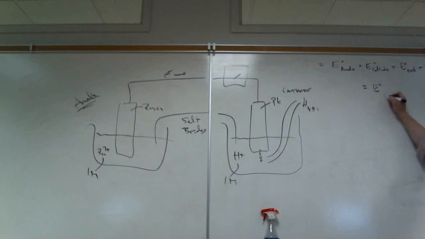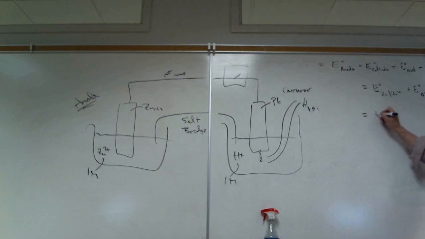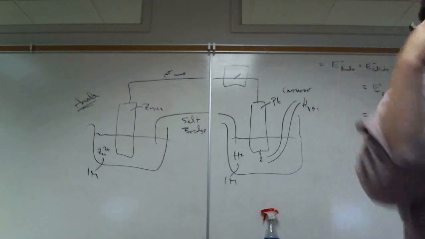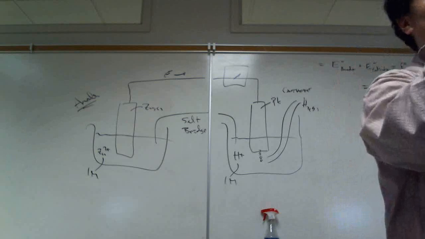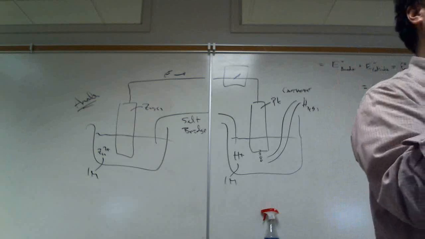And so the oxidation potential is going to be zinc goes to Zn2+. This is a shorthand way of writing that. Plus the reduction now is H+ goes to hydrogen gas. This is also a shorthand way of writing it. And so zinc goes to Zn2+ is now going to be plus, because this is an oxidation potential. Your chart just shows reduction potentials, but if we want the oxidation potential, we just reverse the reaction and change the sign.